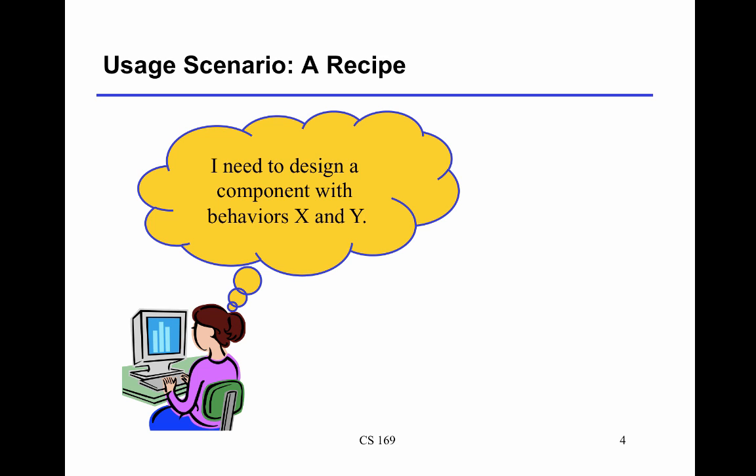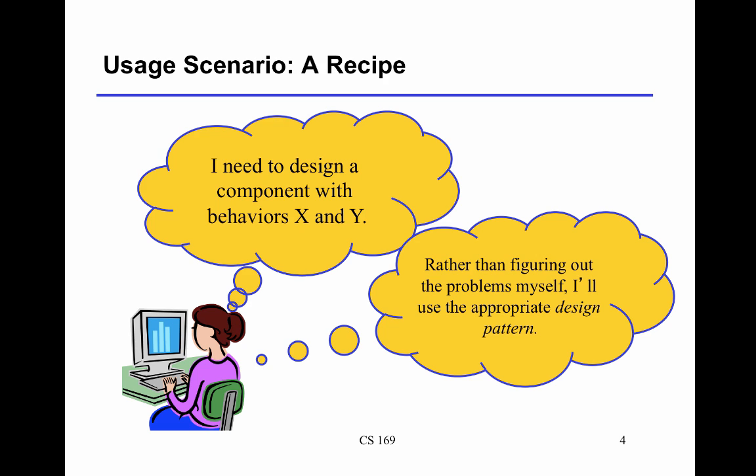Imagine a programmer that faces a certain design problem, needs to achieve something to do X and Y, and you could design something that does X and Y from your basic algorithms, okay? Or you could use a recipe for it. That's kind of ready-made for X and Y. If you recognize that the behaviors X and Y are things that a particular recipe resolves.